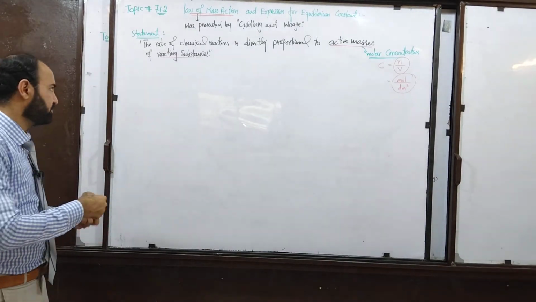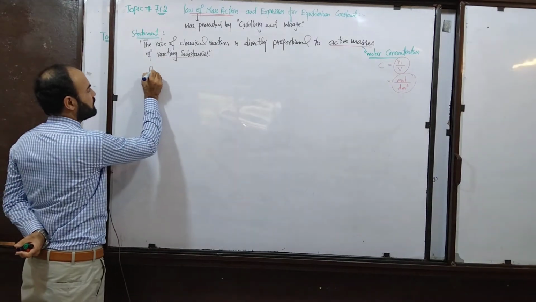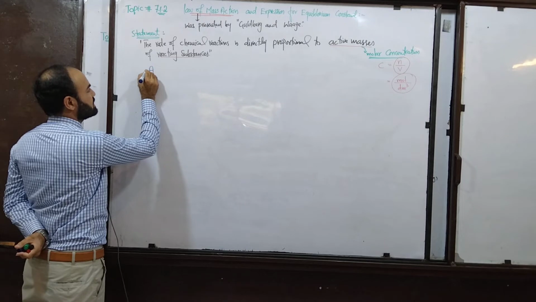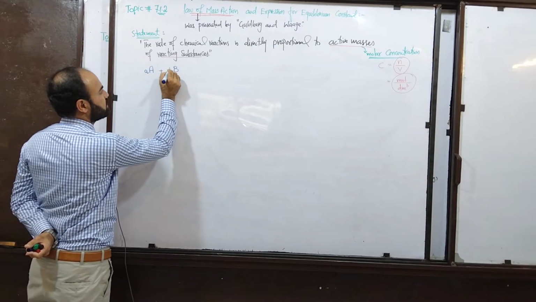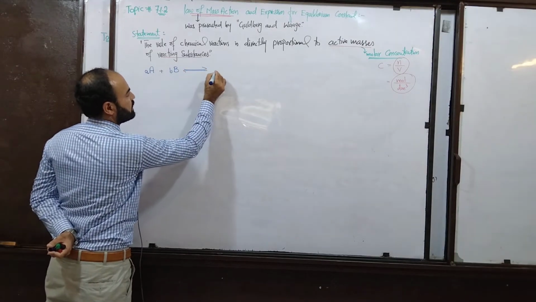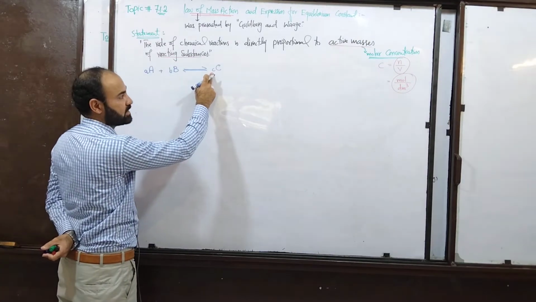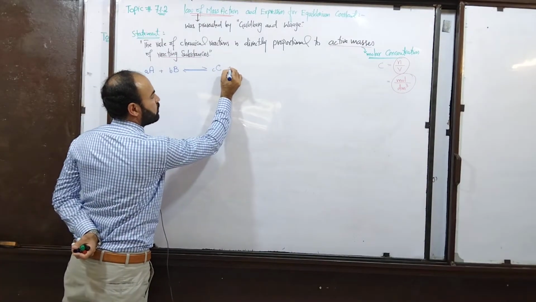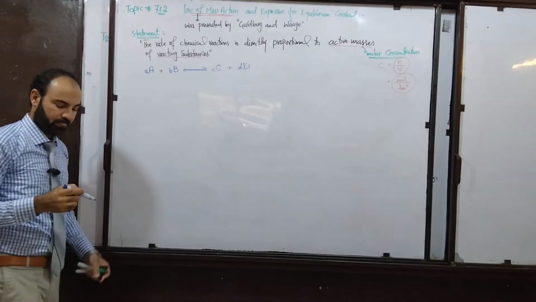Okay, what are reacting substances? For example, let's take a general equation. A reactant A, with a number of moles a, reacts with a reactant B with a number of moles b, in a balanced chemical equation. It forms product C with a number of moles c, and it forms D as well with a number of moles d.